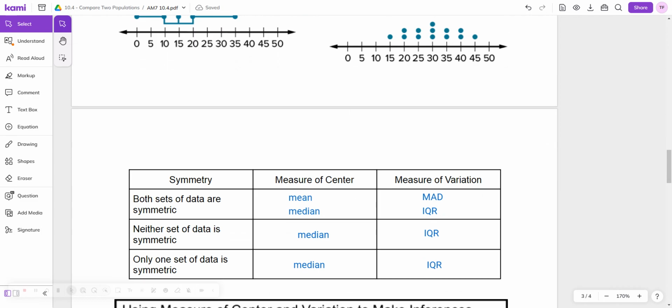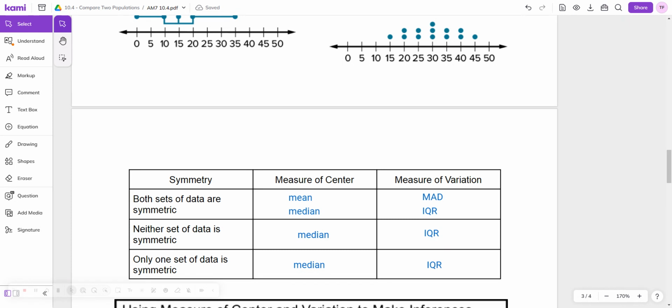So if both sets of the data are symmetric, we're going to use either mean and MAD or median and IQR. Of course, as we talked, if we've got a box plot, we have to use median and IQR. But if we have a dot plot, like this one right here, we could use the mean and the MAD.